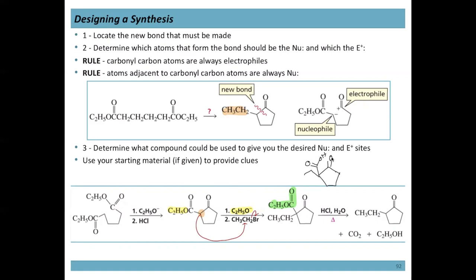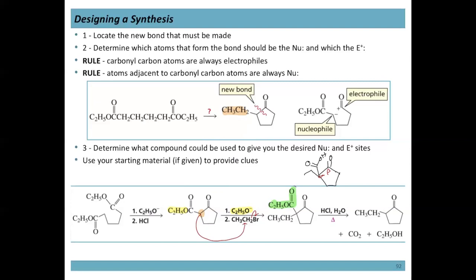I just got rid of the ethanol off of there. So in black, we now have that carboxylic acid. And what we have is the alpha position beta keto acid. And that's something that you should be able to recognize.